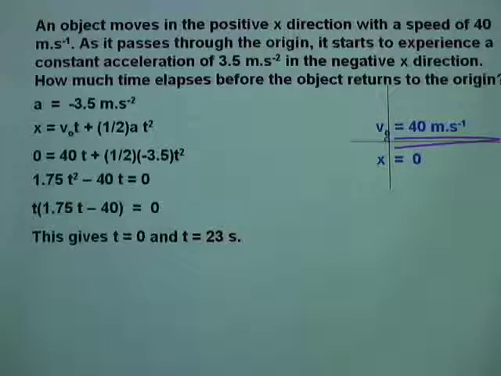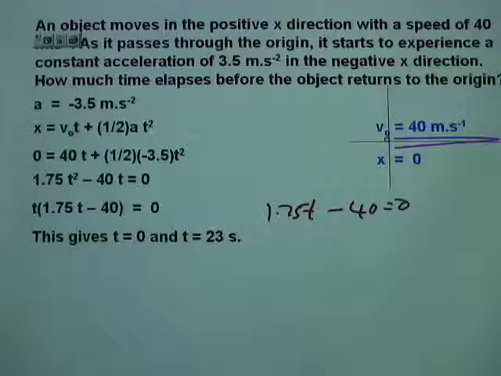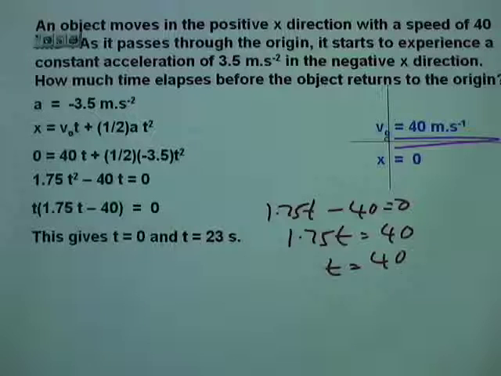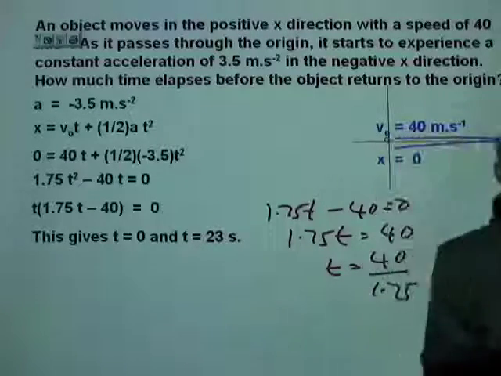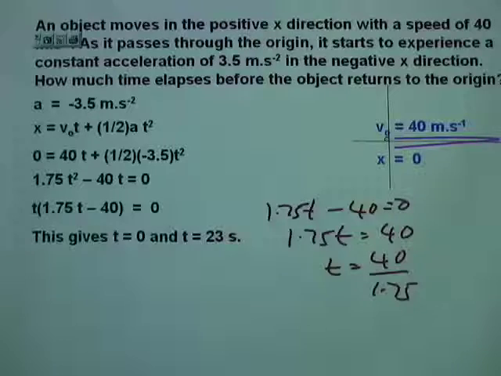And when you do that, it will look like this. 1.75t minus 40 equal to 0, or 1.75t equal to 40, or t equal to 40 divided by 1.75. Is that right? And that will give you t equal to 23 seconds.